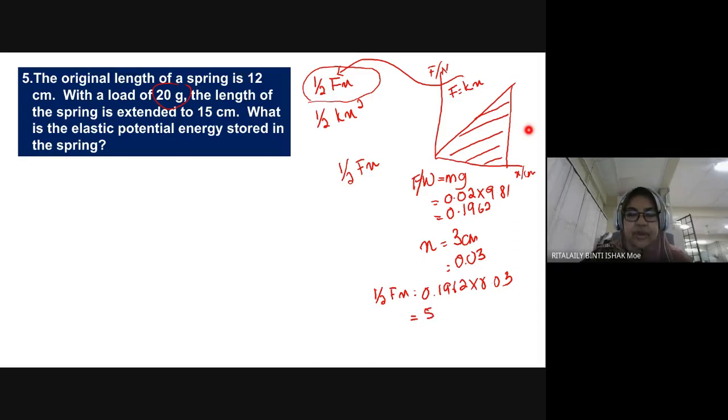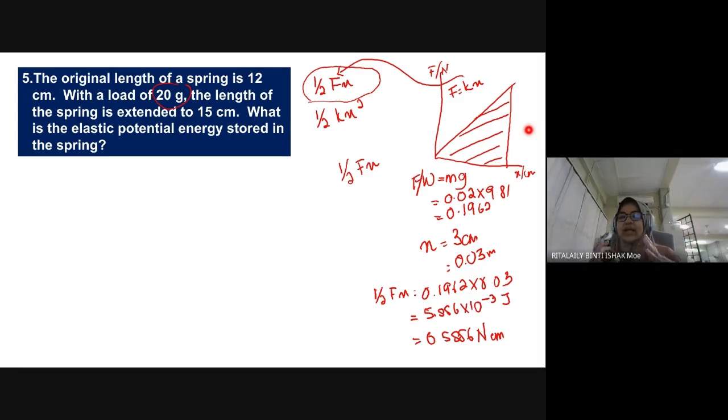So 5.886 times 10 to the power of negative 3 joule. Okay, and actually, if you don't want to convert cm to meter, also can, but your answer would be 0.1962 times 3, 0.5886 Newton cm.